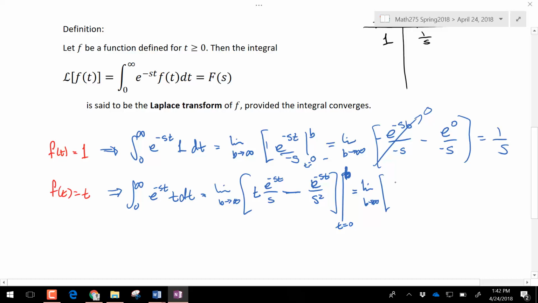This is going to be b e to the minus sb over s, minus e to the minus sb over s squared, minus 0, minus 0 e to the 0, which is 1 over s squared.